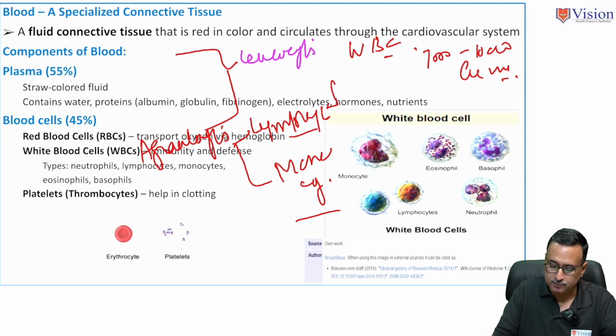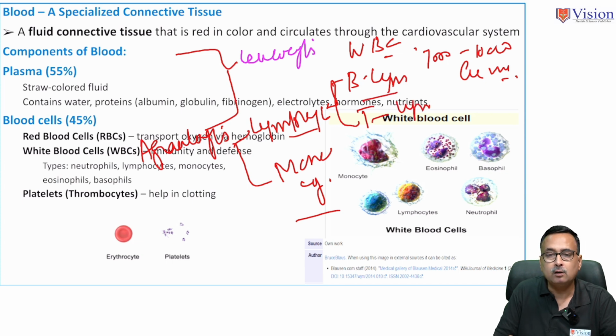Lymphocytes are of two types. One is B lymphocytes, the other is T lymphocytes. B lymphocytes produce antibodies, and antibodies are responsible for antibody mediated immunity or humoral immunity.